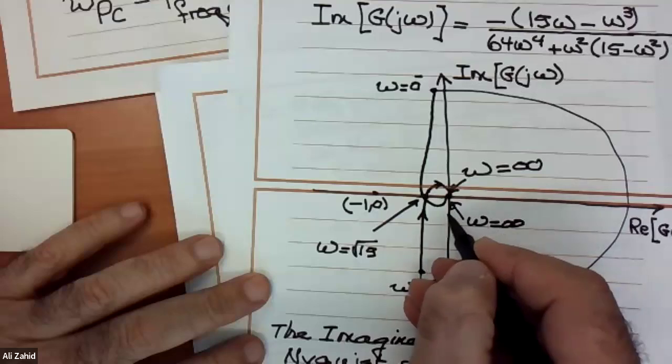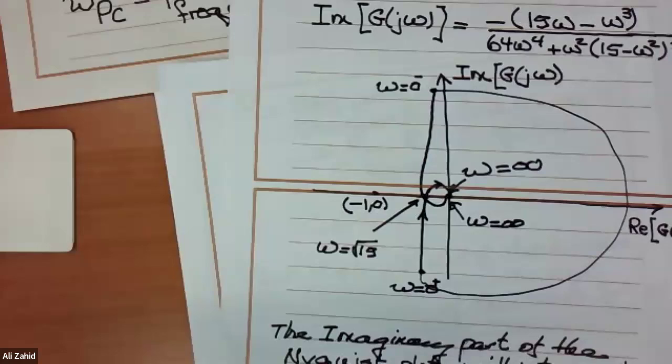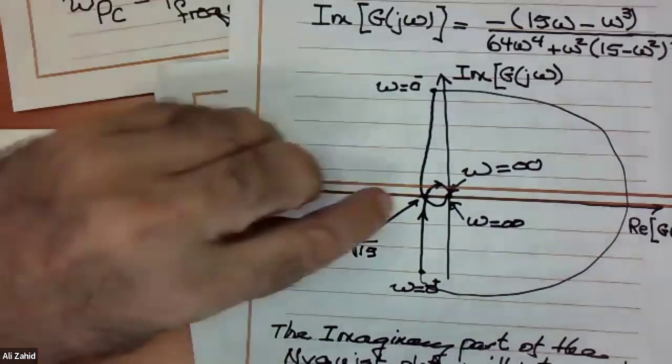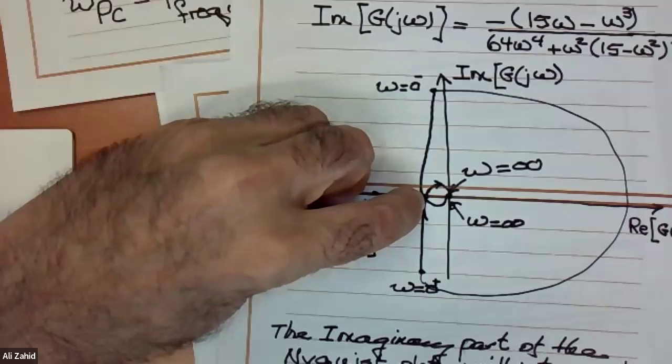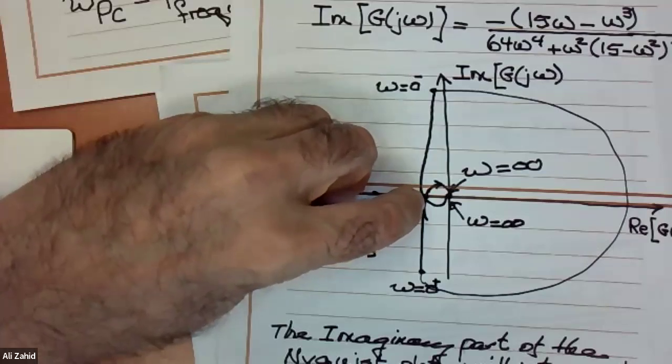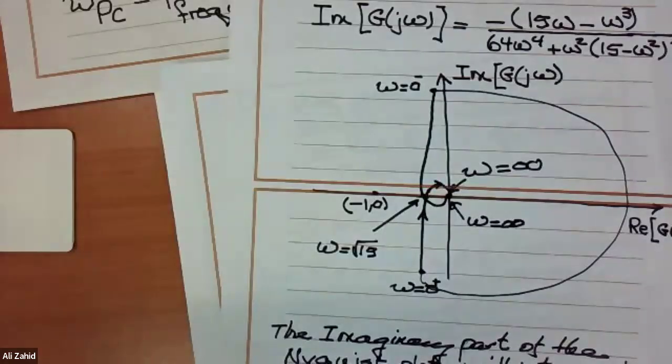So what is the phase? It is below minus 180. Because at this point, what is the phase? Minus 180. So as you move up, what does it become? Less than minus 180, for example, minus 200.